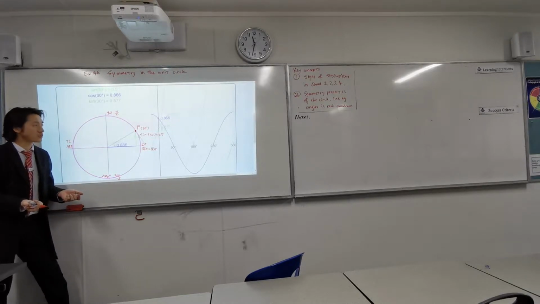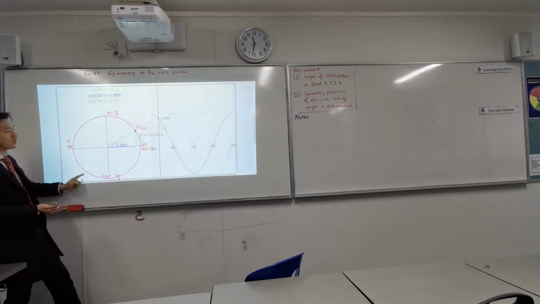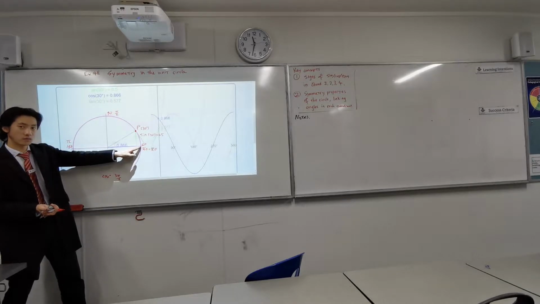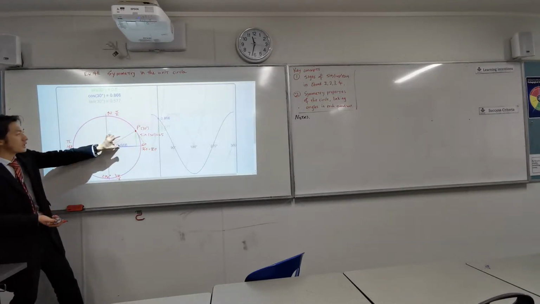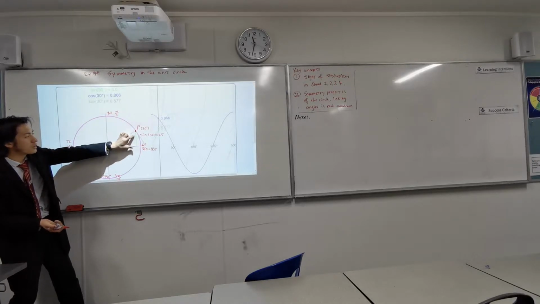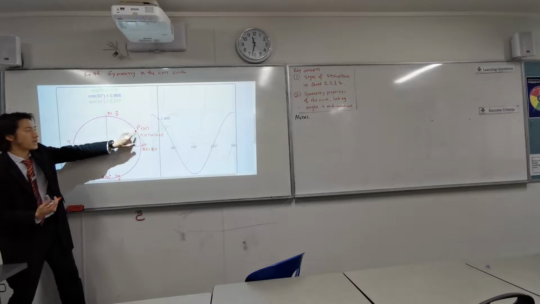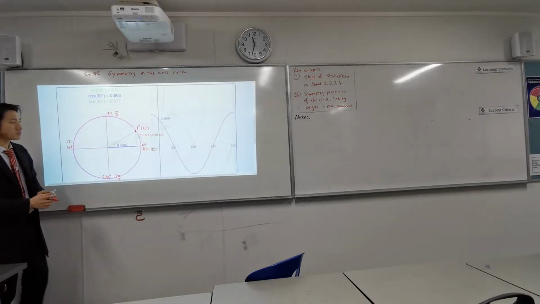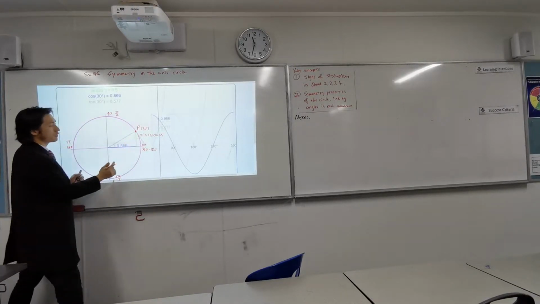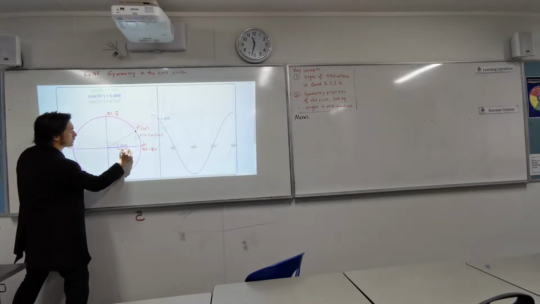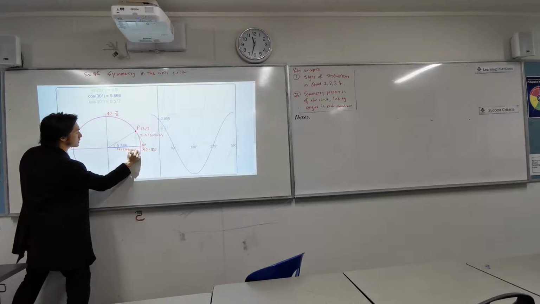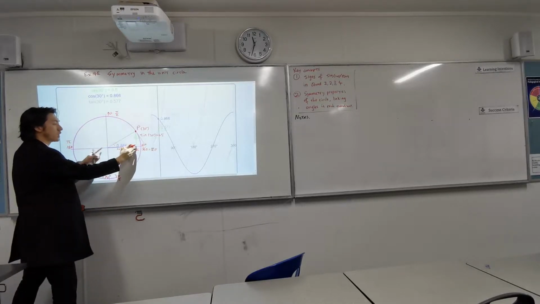Back before calculators were made, people would actually draw a unit circle of radius 1, and then they'd measure an angle of 30 degrees, and then they'd take their ruler and measure the height to this point. And the height of this point would be defined as 0.5. Okay, so the sine of 30 degrees is 0.5. The cosine of 30 degrees is 0.866. Once again, someone took a ruler and measured it.